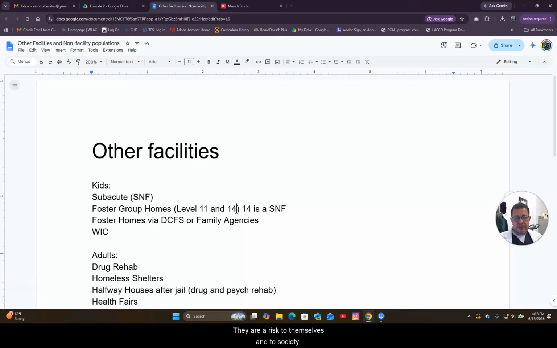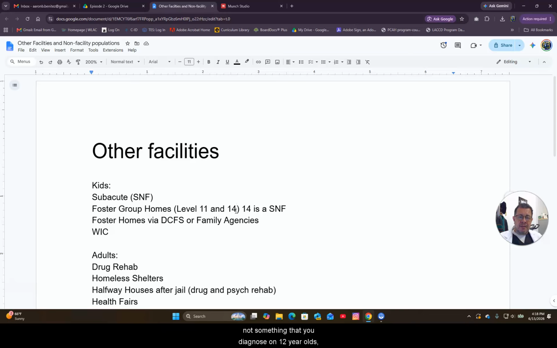They are a risk to themselves and to society. Most of them have severe psychiatric conditions.